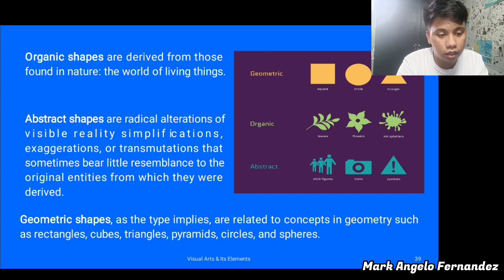Abstract shapes are radical alterations of visible reality, simplifications, exaggerations, or transmutations that sometimes bear little resemblance to the original entities from which they are derived. Ang magandang example dito is icons and symbols. Sa icon, pag camera ang nakalagay, automatic na pang picture, pang video.